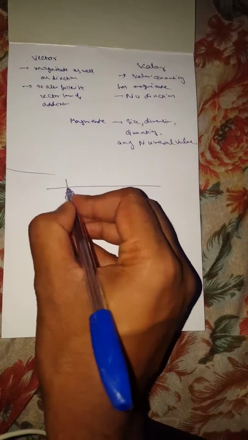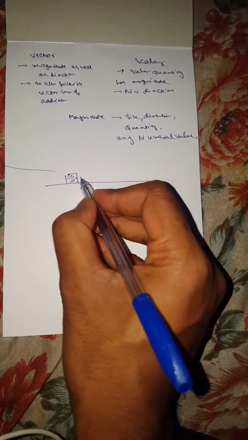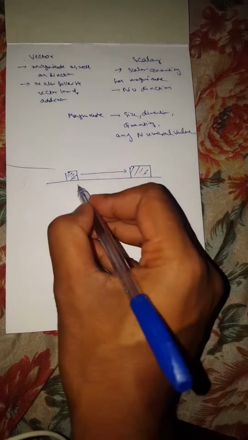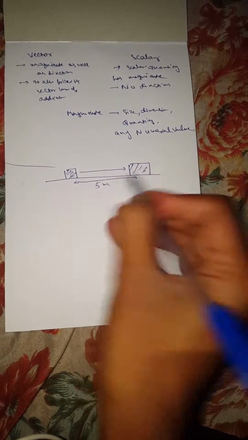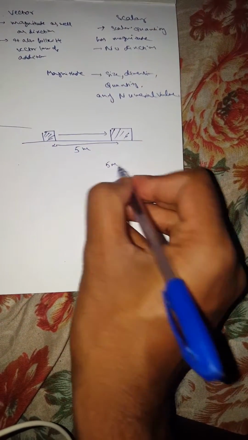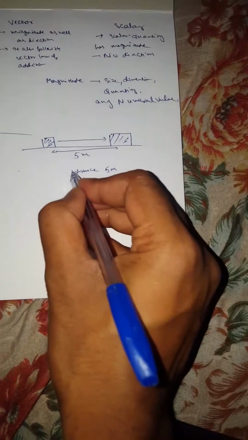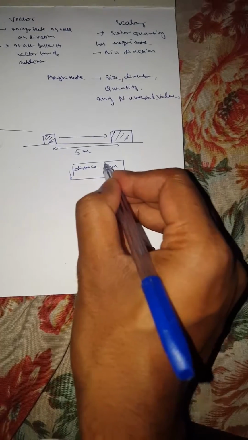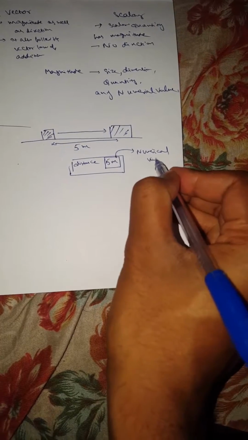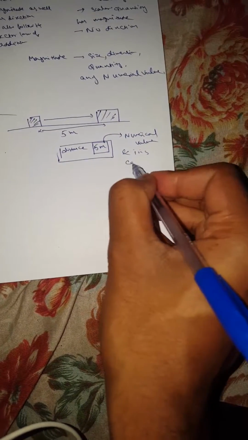Suppose we have a table here and we have a block, and now we move the block to the right at a distance of 5 meter. Here the 5 meter is a numerical value, and it is called magnitude.